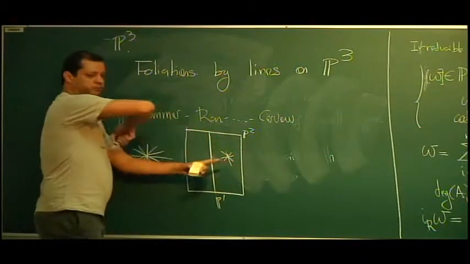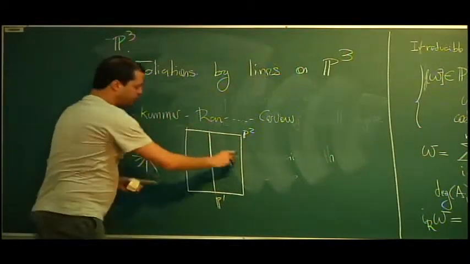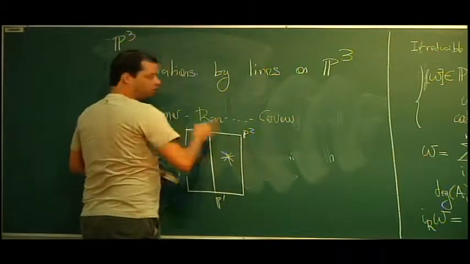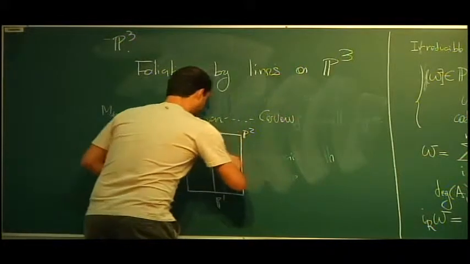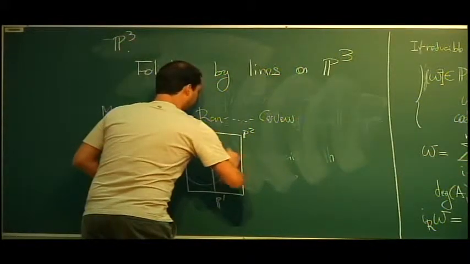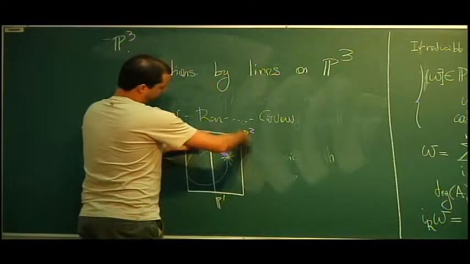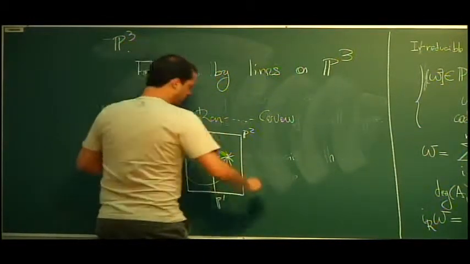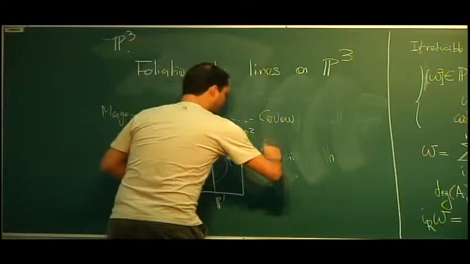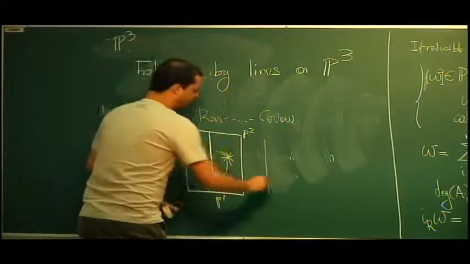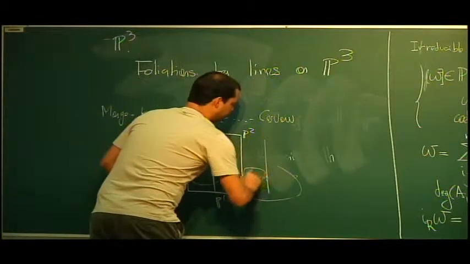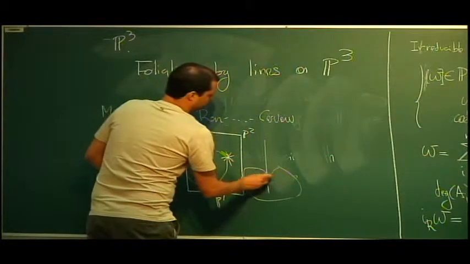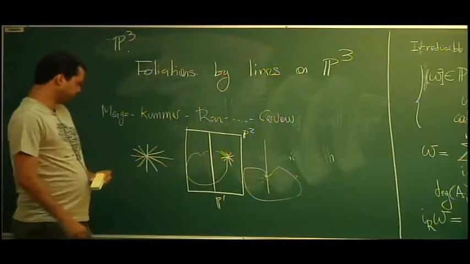And now I turn, and I'm going to have a foliation by lines on P3. Essentially, this point draws a curve. That curve will, at the generic point, intersect only one of these P2s. So the singular locus of this foliation will be something like this P1 and a space curve, a rational curve, which has a high tangency at some points. But anyhow.